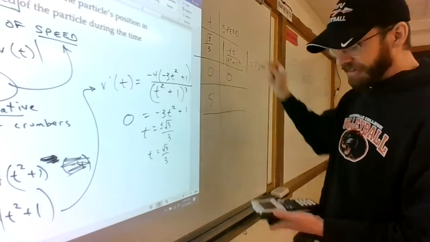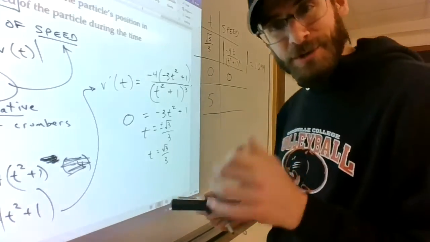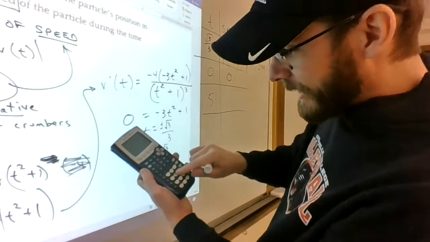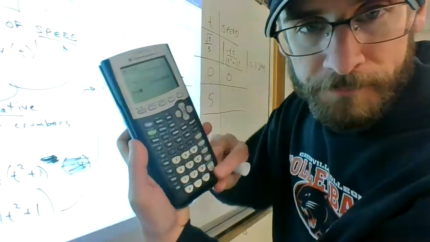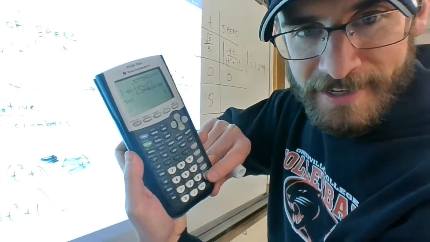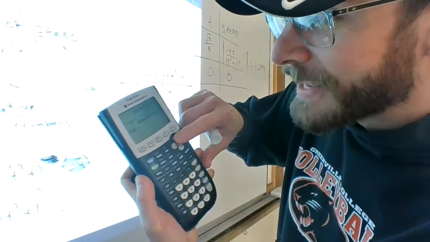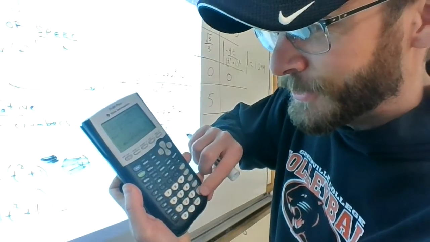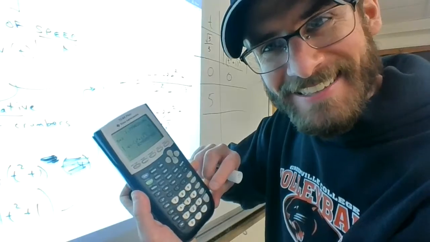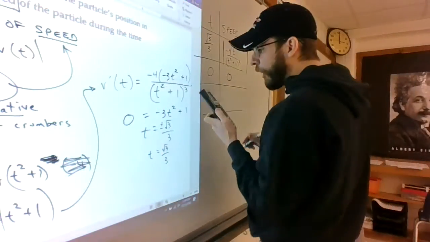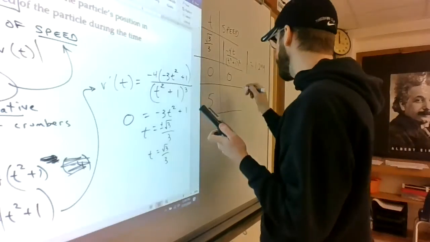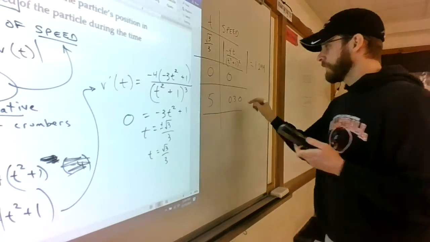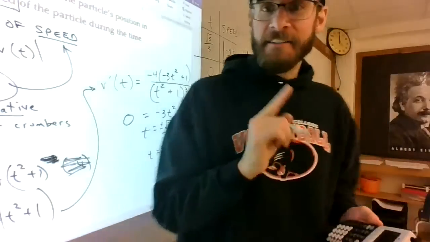And then if I plugged in 5, here's what I can do. I can say, let 5 be stored now as my x variable, and then I just go back up and I hit equals. Oh my goodness, this is nice, huh? So then 0.030 would be my speed at 5.